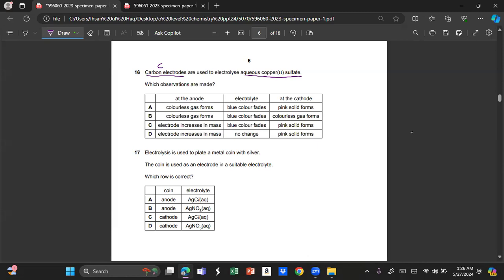So let's see in aqueous copper sulfate, what ions are there? Positive ions are Cu and hydrogen. Negative ions are sulfate and we have OH minus.